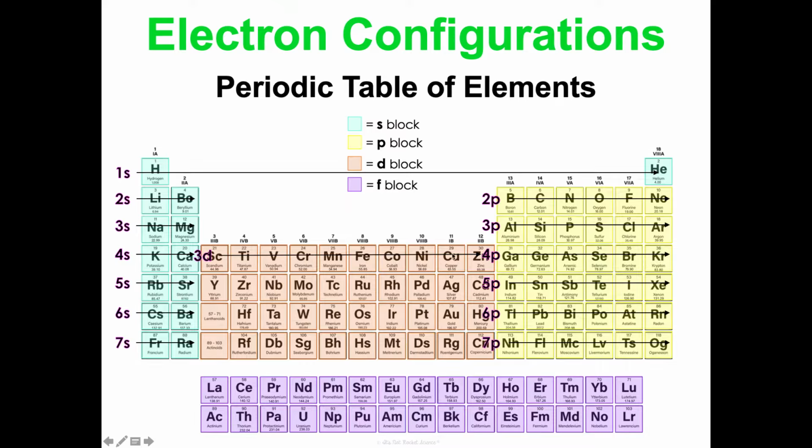So these are down here, okay? So that's the 3D, this is the 4D, this is the 5D, this is the 6D. And then last, we have the 4F and the 5F, because remember, these kind of sneak in here. Now, again, you might be asking, why is it 6 and then 5 and then 4? That'll make sense in a second.